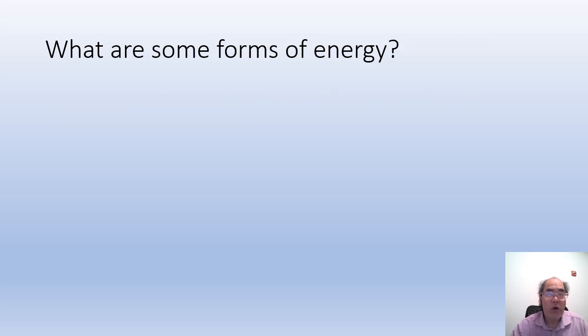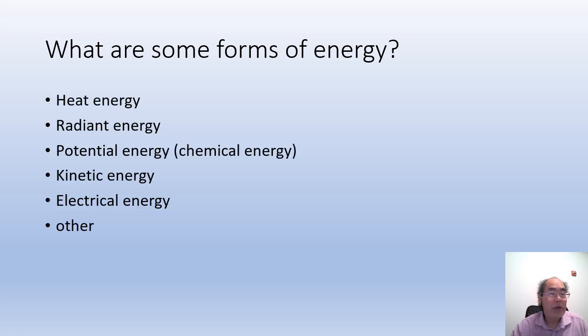What are some forms of energy? Please think of as many as you can. Okay, so here are some forms: heat energy, radiant energy, potential energy, chemical energy, kinetic energy, electrical energy, and there are probably others.